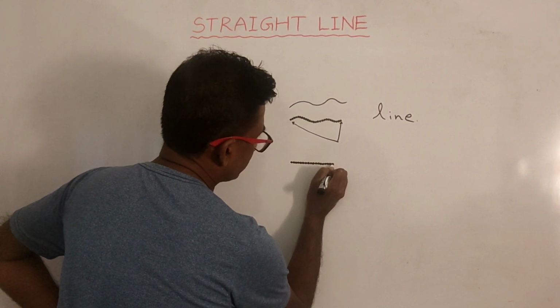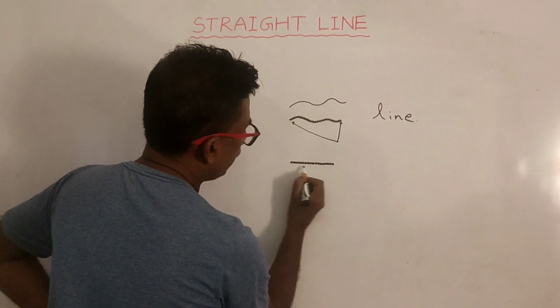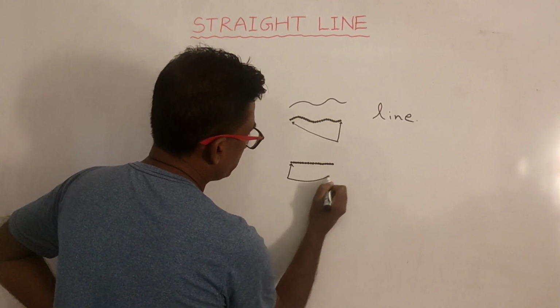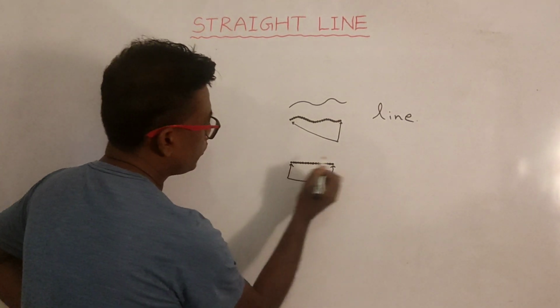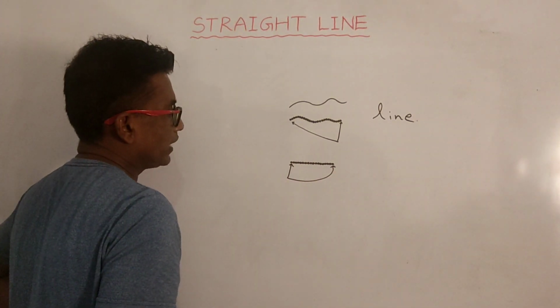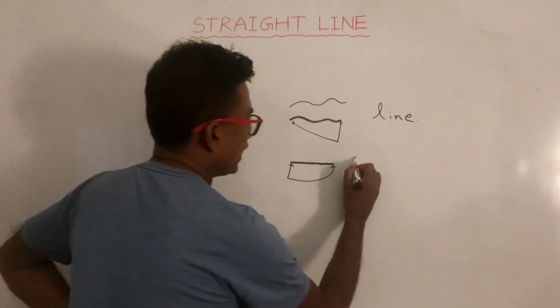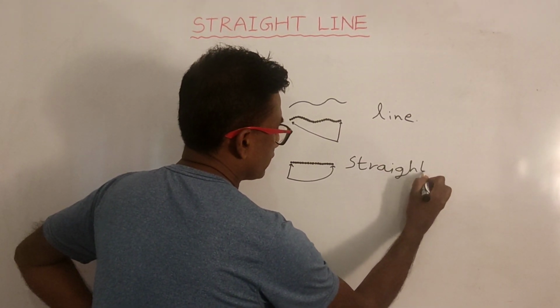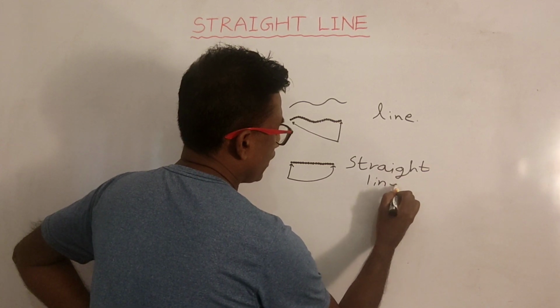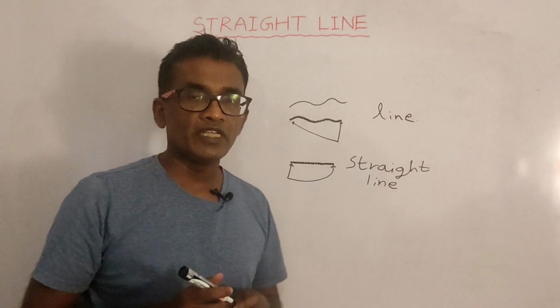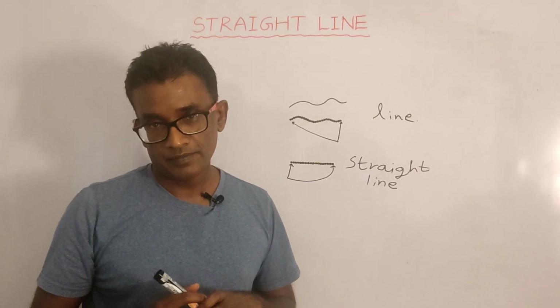Okay, here you can see, unlike in this case, all the points of this line lie evenly between the 2 points. These are the 2 points at each extremity. They lie evenly between the 2 extremities. We call such a line a straight line. This is how we must perceive the concept of a straight line when we do geometry.